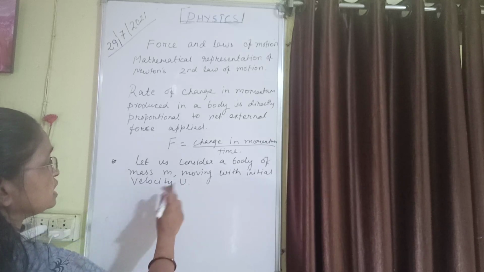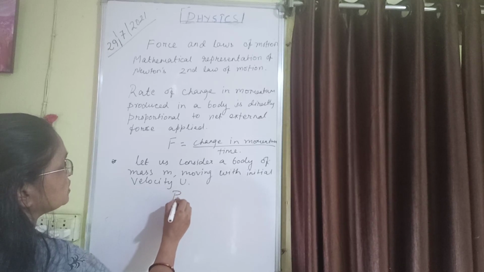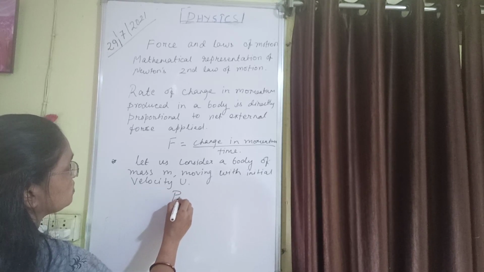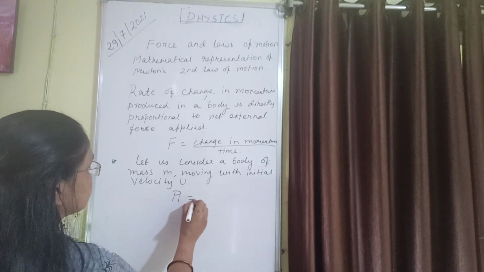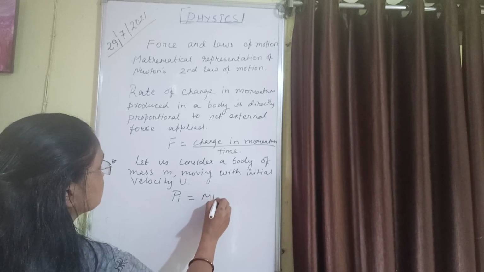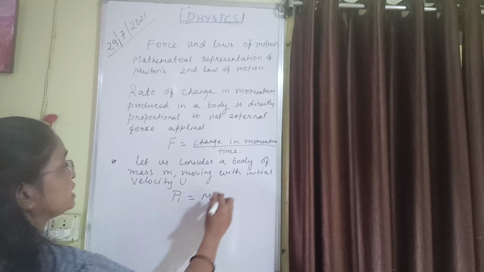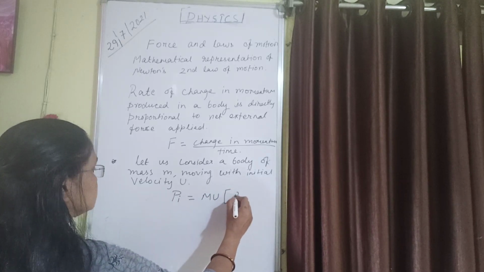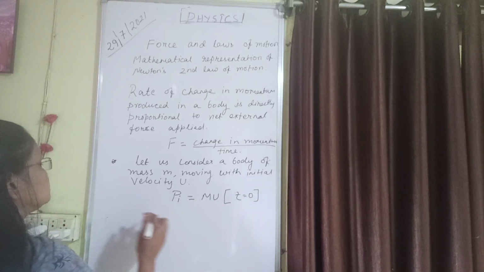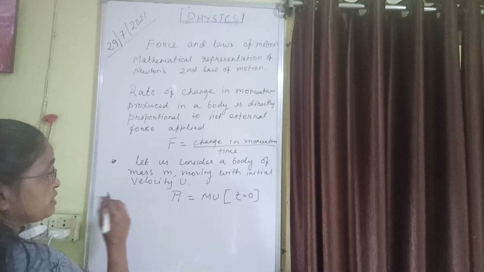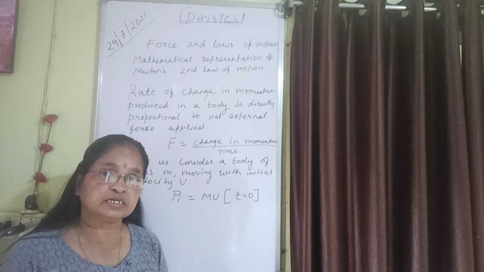If it is moving with initial velocity u, I write Pi, because we represent momentum by P. Pi denotes initial momentum, so Pi is equal to mu. Initial momentum occurs at time t equal to 0, when the body starts moving. Final momentum is considered when the velocity is v.